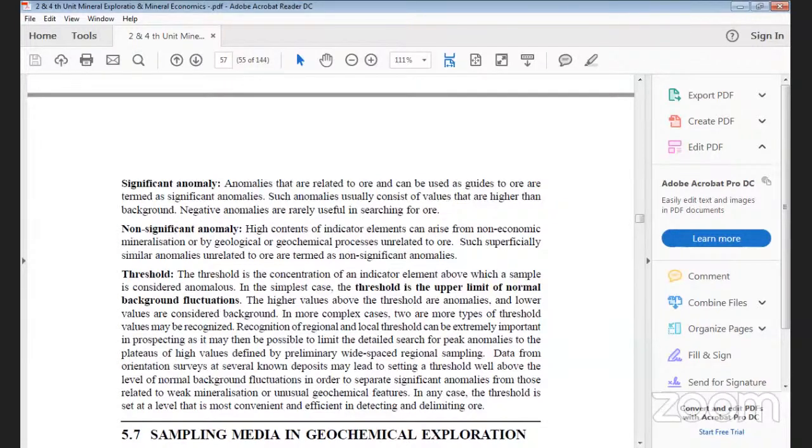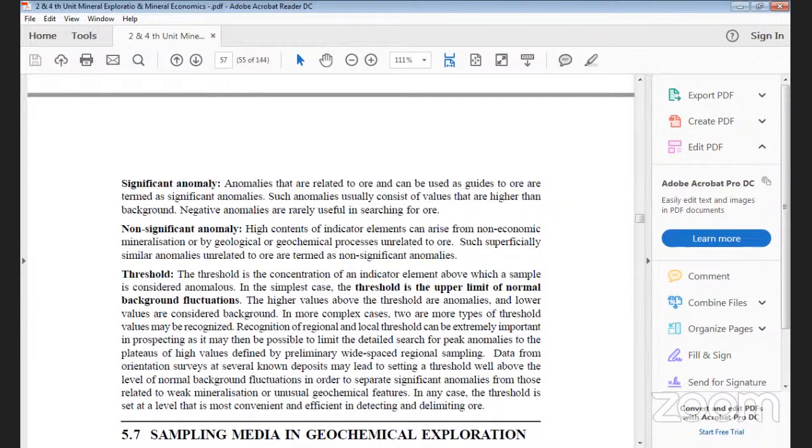Suppose you have collected samples from different locations, and we look at the average values for all the locations, so that some values are below the background value and some values are above the background value.